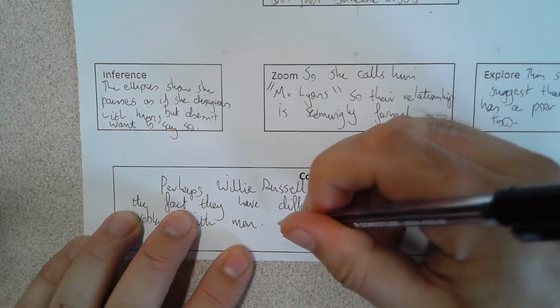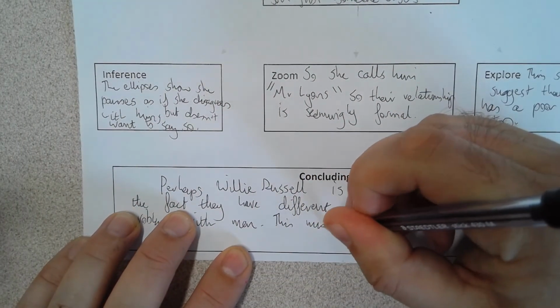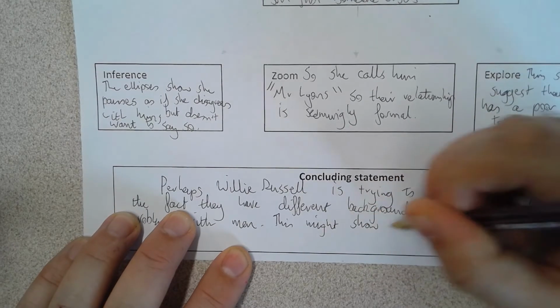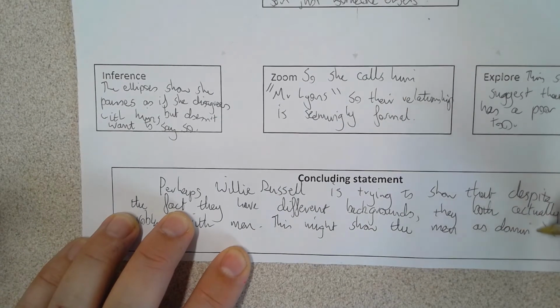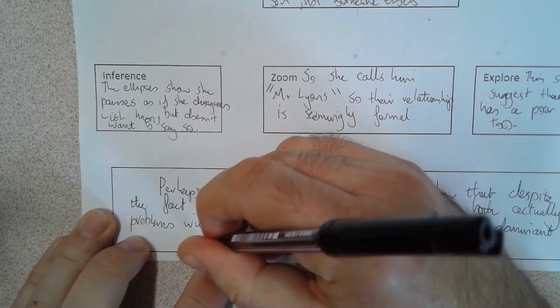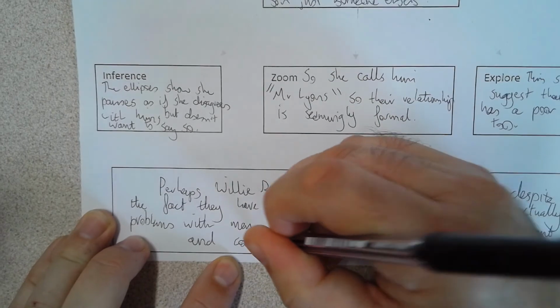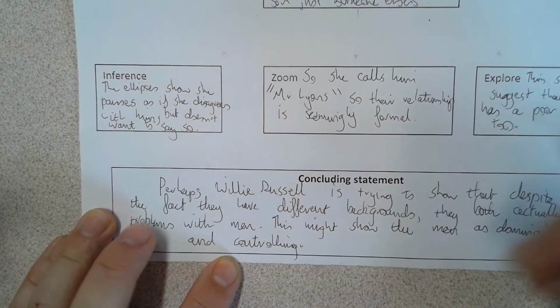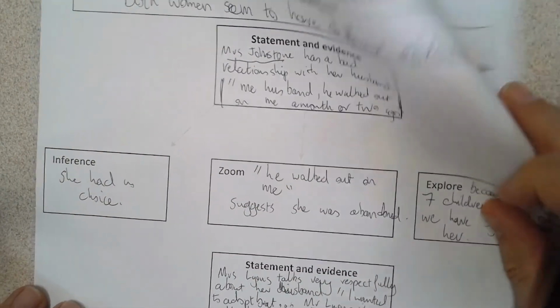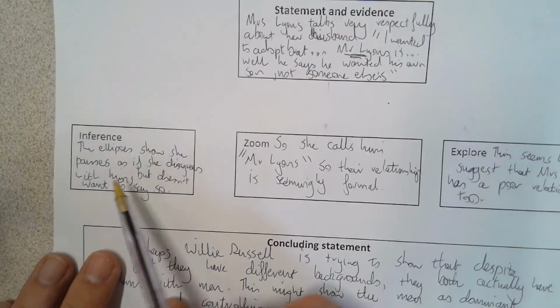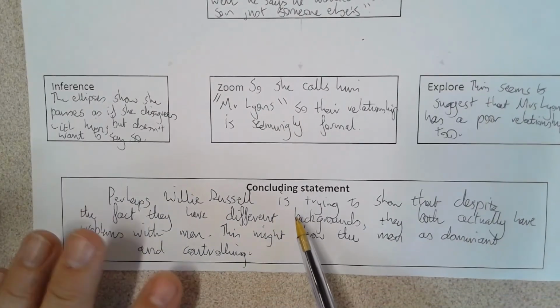So it might show the men as dominant and in a way controlling of their women. Now that I've filled that in, I actually have two C's paragraphs. I have a linking statement, statement, evidence, inference, zoom, explore, and a concluding statement.